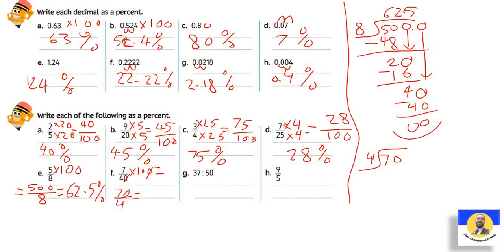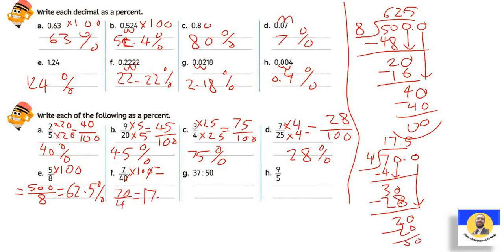The nearest, 7 divided by 4 is 1 and here it's 4, minus, remainder 3 and put 0, so 30 divided by 4 is 7 because 7 by 4 is 28, minus, remainder 2, put the decimal point and an extra 0, 20 divided by 4 is 5, minus 0, so the answer will be 17.5%.